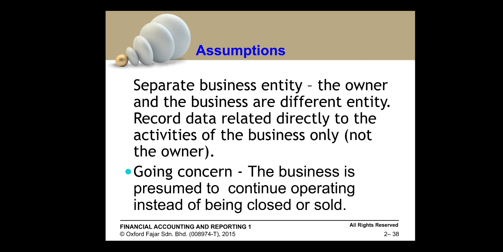But let's say one day you repair your car. You have to pay $200. You cannot record that $200 in your business account because the $200 is your expense, your personal expense, not the business expense. The accounting record will record things related to the business, not you, the owner of the business.